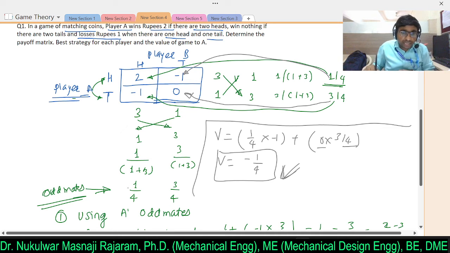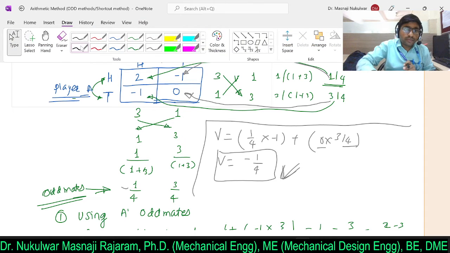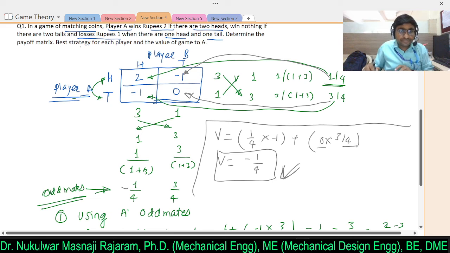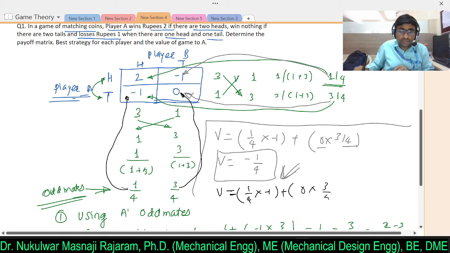Even you can multiply oddments of B with the strategy of A. Clear? So if you multiply this with the strategy of A with tail, let's check the answer. So I am using a different color. So the value of the game, so 1 by 4 into -1 plus 0 into 3 by 4.